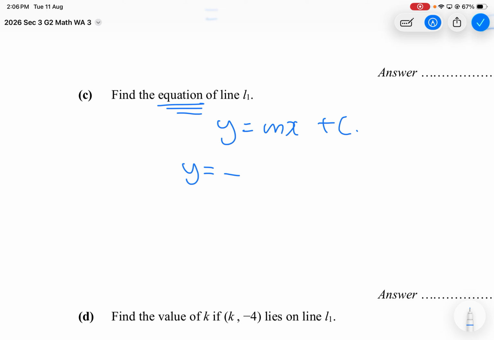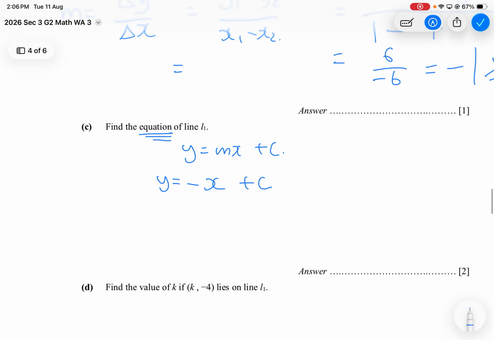So I put in negative 1, then I will have negative x plus c. m is the gradient, and you found the gradient, negative 1. That's why I can put m as negative 1. So my only job is to find c.